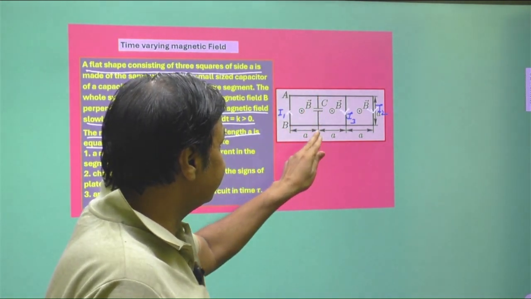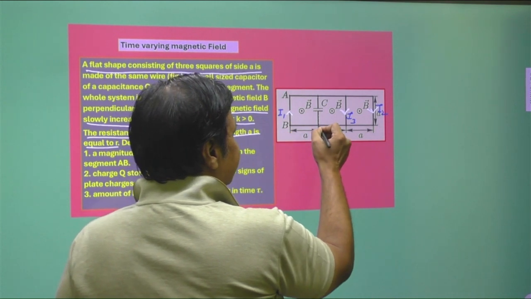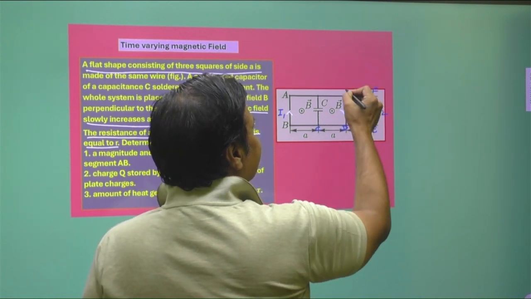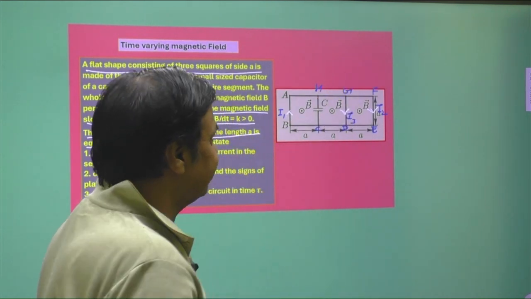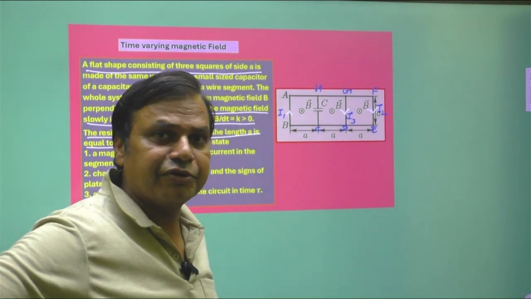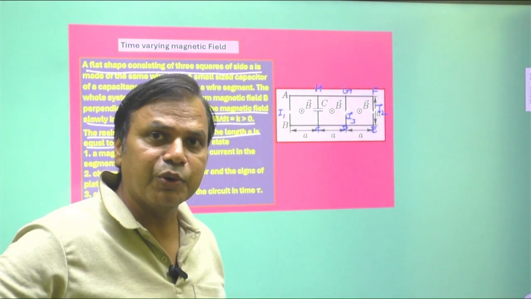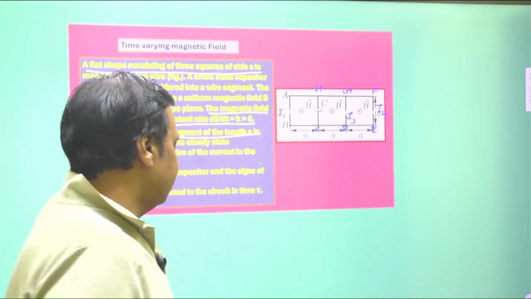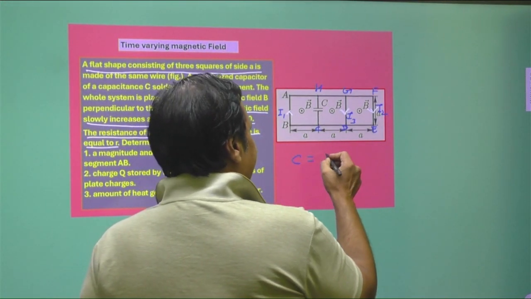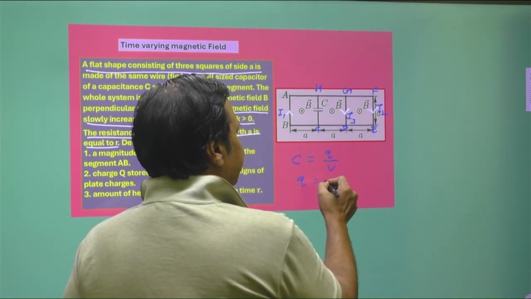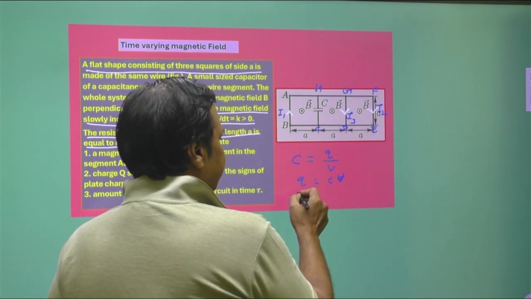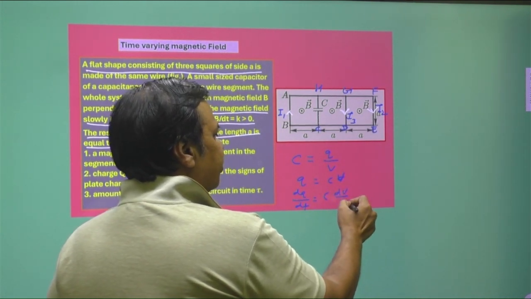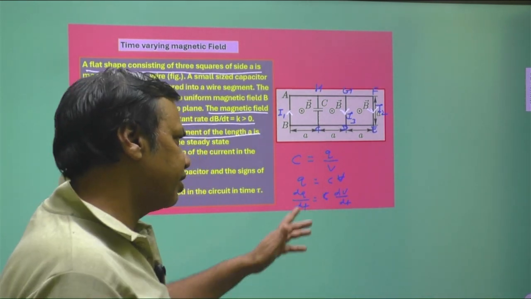Let me name the points: this is A, this is B, then this is C, this point is D, this point is E, this point is F, this point is G, and this point is H. Then in the wire HC, there will be no current in the steady state, because we all know the famous capacitor formula, C equals Q by V, so Q equals CV, and we can differentiate it.